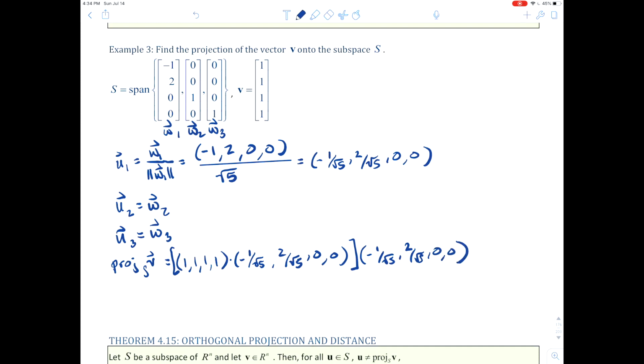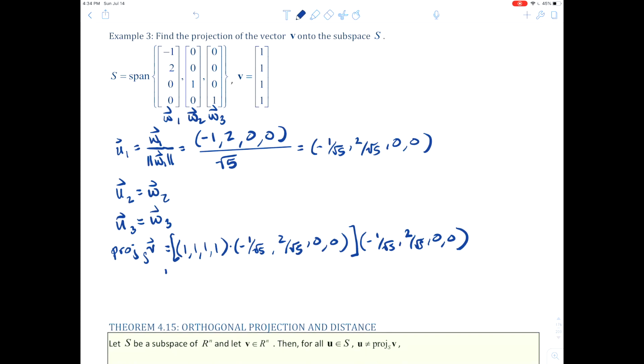Good so far? Now, what we're going to add to that, plus 1, 1, 1, 1 dot, what was our second vector? 0, 0, 1, 0. And then that will be multiplied to our U2, which is 0, 0, 1, 0. And then we'll also be adding what? Good. 1, 1, 1, 1 dot 0, 0, 0, 1.